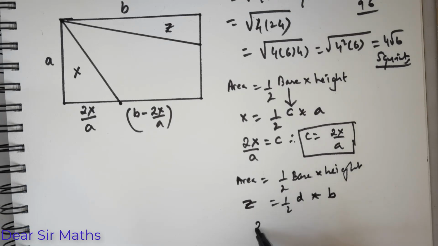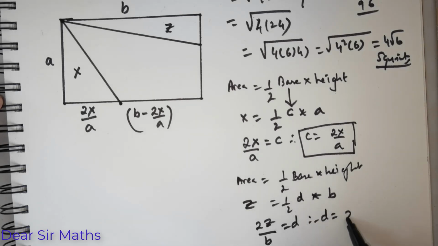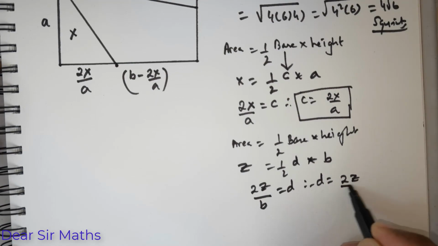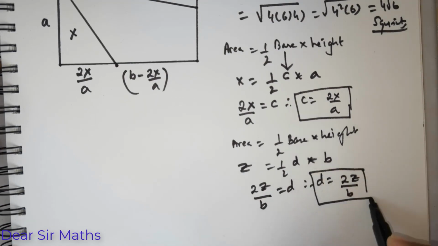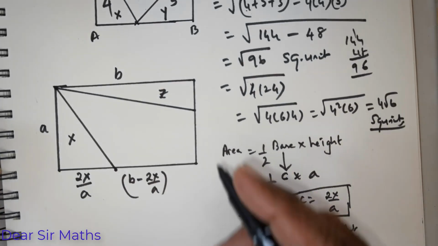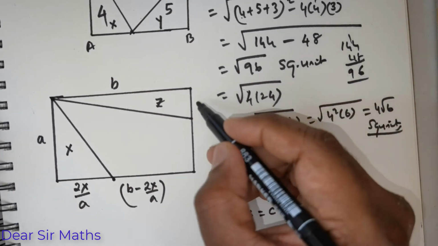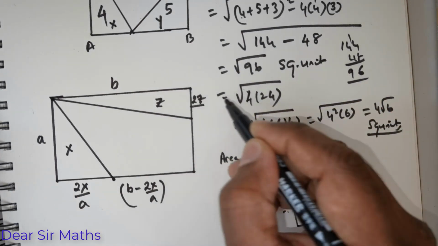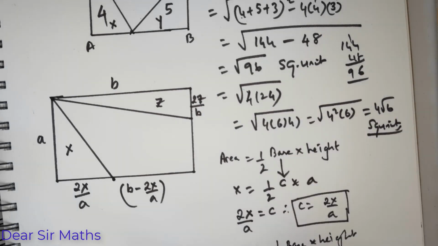So I'm pushing 2 there, it's 2z. And I want to get the base, so I'm pushing the b down and I get d. So therefore d is equal to 2 times z over b. So this is going to be the base here. So let me place the base, 2 times z over b.